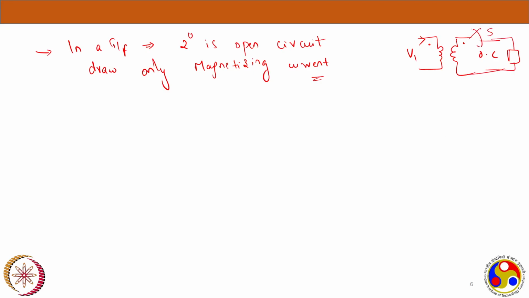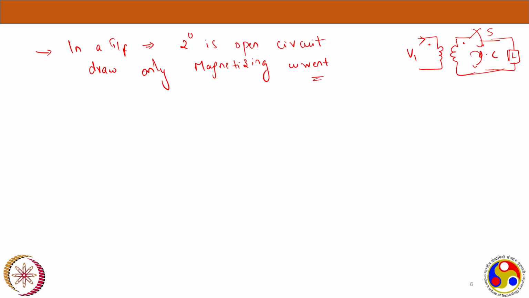This is the switch, and I try to close the switch. So the moment I close the switch, my secondary will draw some current, right? Some current will flow because there is a load connected here. So no matter what we do in the secondary, closed or open circuit, the flux in the core is always fixed. That we know.